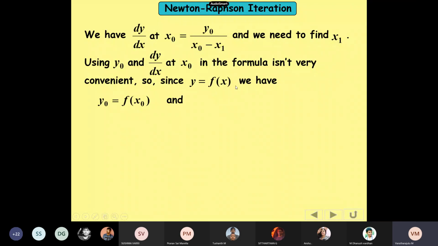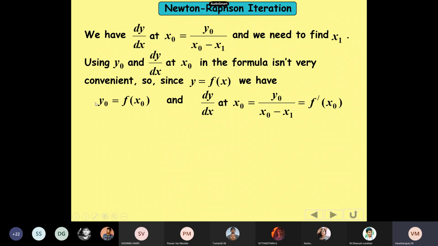Instead of y, I apply y naught, and instead of f of x, we apply f of x naught. Therefore dy by dx at x naught, equal to y naught divided by x naught minus x1, is the f dash of x. If y is equal to f of x, then dy by dx can be the f dash of x, right?